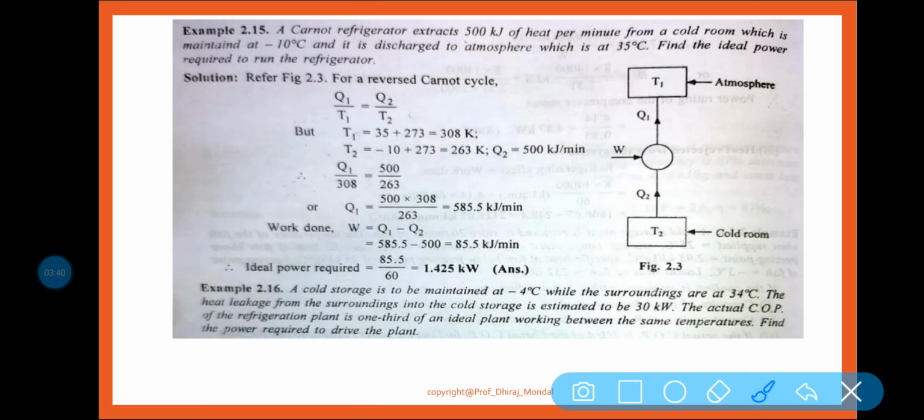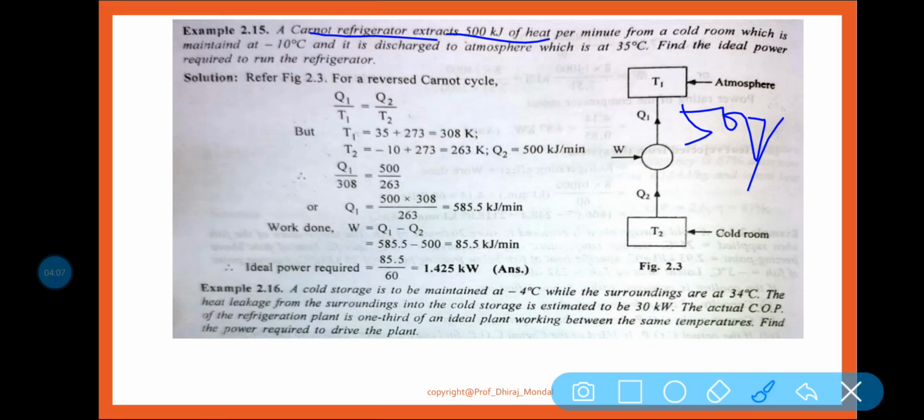Now the problem is: a Carnot refrigerator extracts 500 kilojoule, sorry, 500, not 5000. That means Q2 is given, 500 kilojoule per minute. Remember, this is kilojoule per minute, not kilojoule per second.